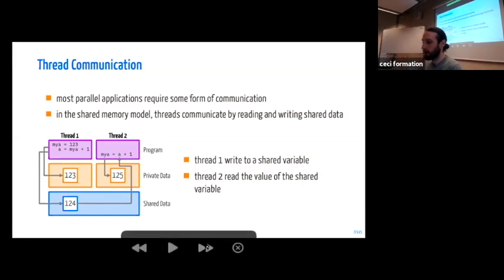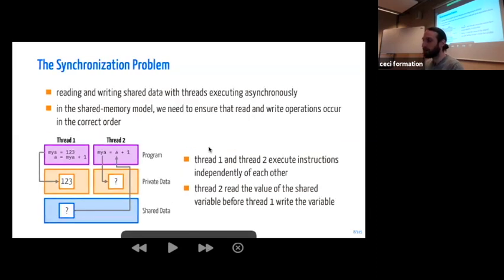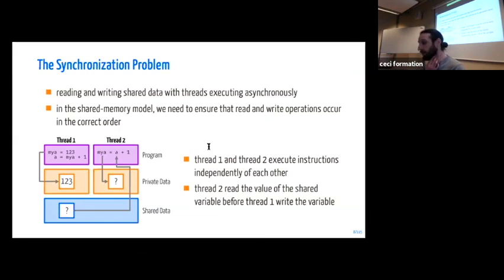The data is shared among the processing elements, i.e. the threads. But of course, in this model you have the problem of synchronization. When you write and read shared data and the threads execute asynchronously, you can end up in a situation called a data race, okay?